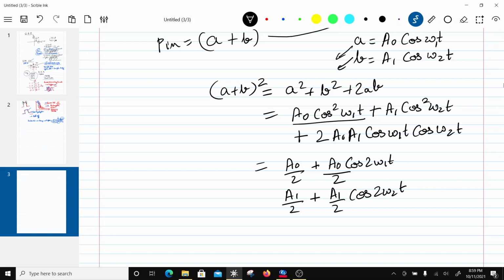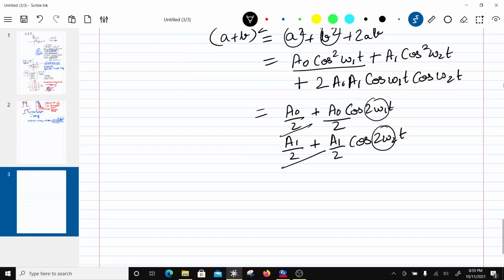Now you see, because of these two terms, you have generated a second harmonic, and you have also generated DC components. Besides that, if I analyze cos A times cos B, it is cos of (A plus B) by 2 plus cos of (A minus B) by 2.